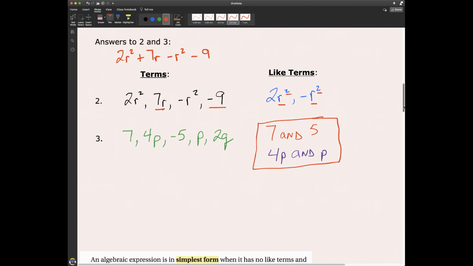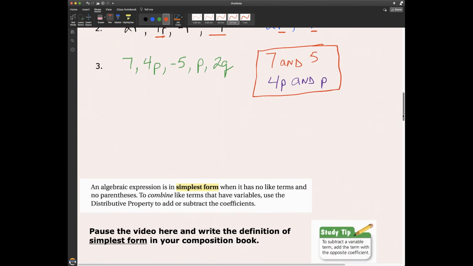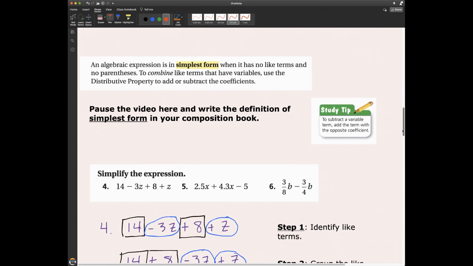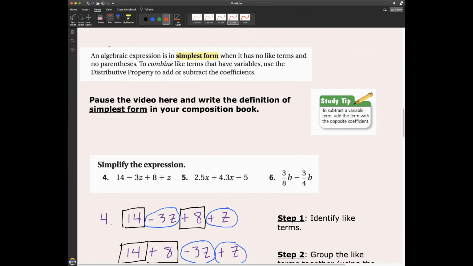Okay, so let's move on to the next part of this section, which is very important. So we've got another definition. An algebraic expression, which is what we're working with, is in simplest form. There was another time we saw simplest form, and that was if we had fractions.